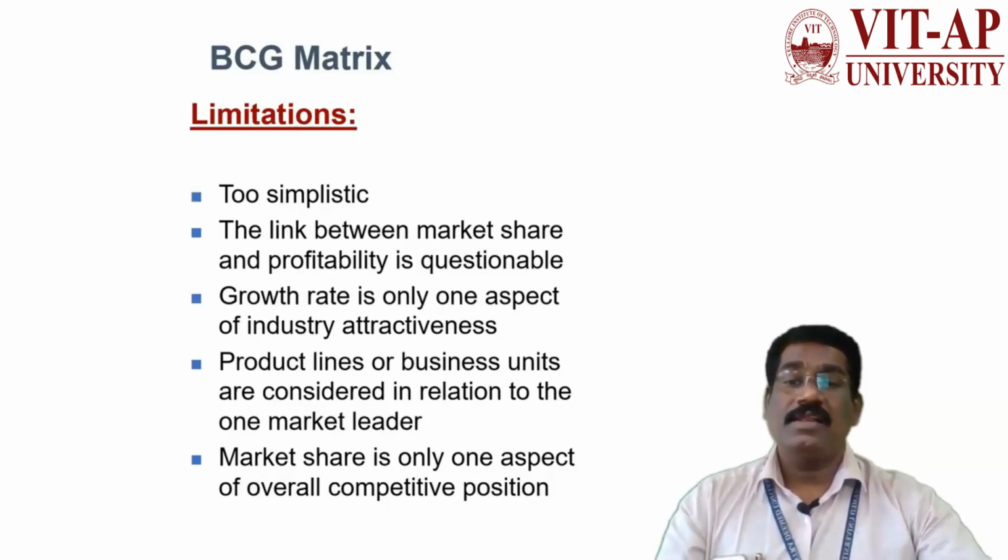Let us also look at the limitations of using the BCG matrix by organizations. If you look at the BCG matrix, it involves only two variables: high market growth rate and high market share. So that's why we conclude it is too simplistic.